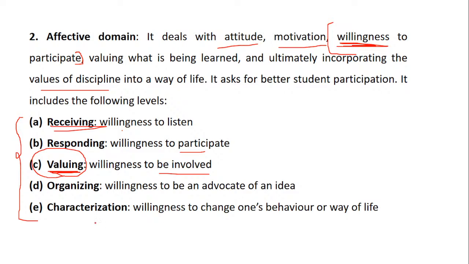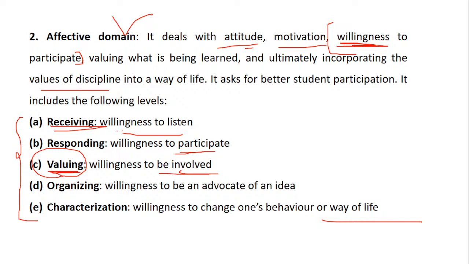And characterization, that is willingness to change one's behavior or way of life, and that can happen with the help of the teaching learning process. So hence this affective domain, as we have studied, deals with attitude, motivation, willingness to participate, but at the same time it has to have a response of willingness to listen, to participate, to be involved, to change one's behavior if it is not in the right manner. So this is how the affective domain is useful.